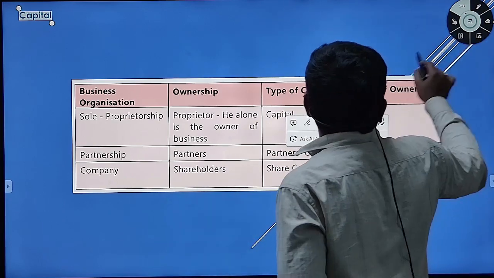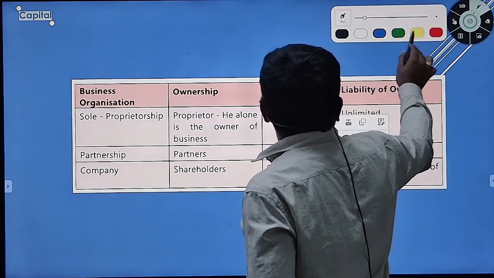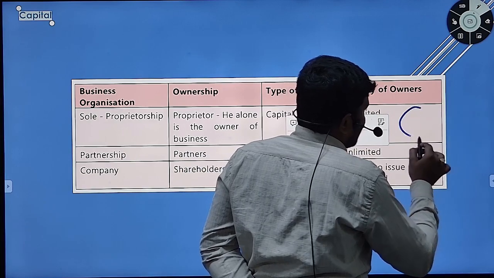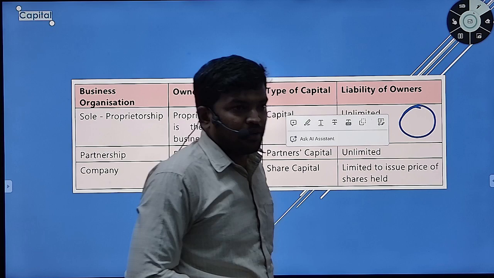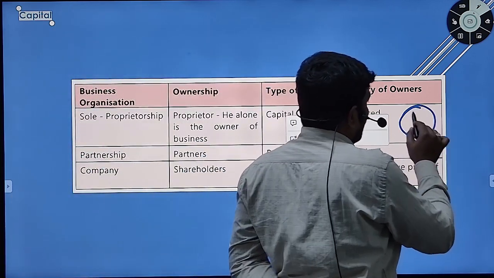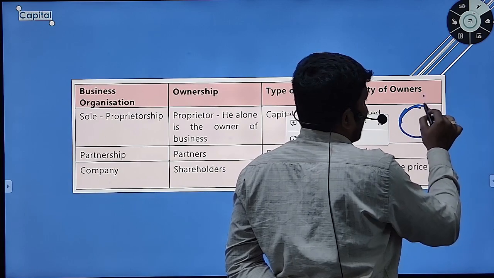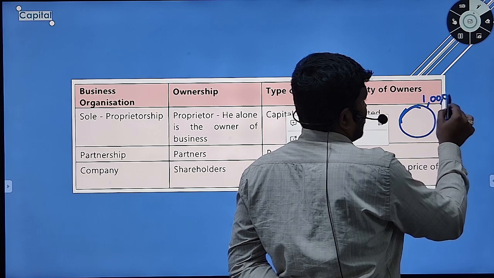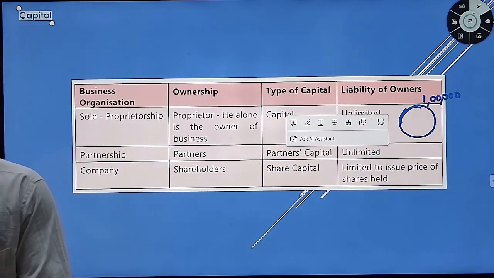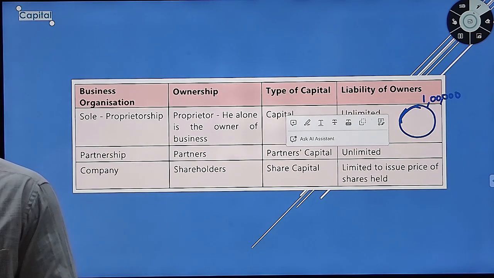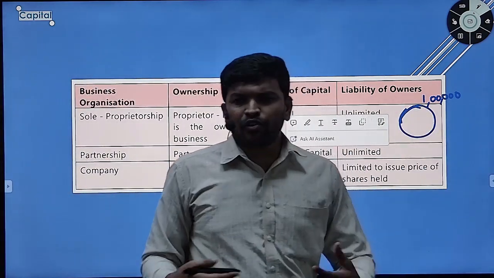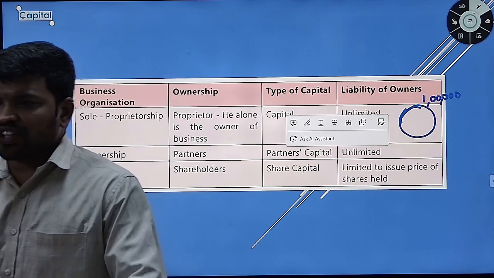I'll take a small example. Suppose this is a whole pie. Pie in the sense pizza. Take a pizza example. This whole pie, say for example 1 lakh rupees. Suppose company starting with an investment of 1 lakh rupees. Company has to be founded by someone. Initially, someone has to take the initiative.